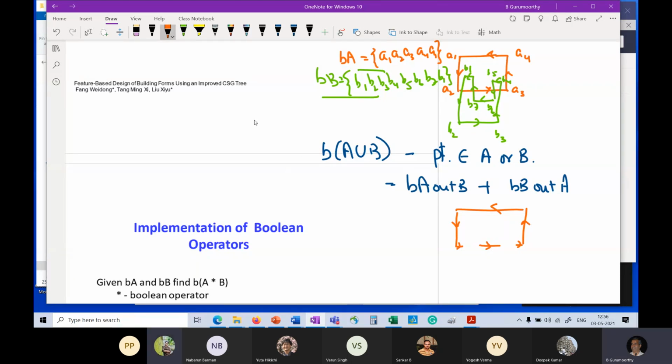Now, I will take the second expression in my answer, which says the boundary elements of B that are outside A, and I have these elements, and mind you that I'm also keeping their orientation. When I say boundary elements, it also includes the boundary elements direction, also orientation, as I pick it up from the part.